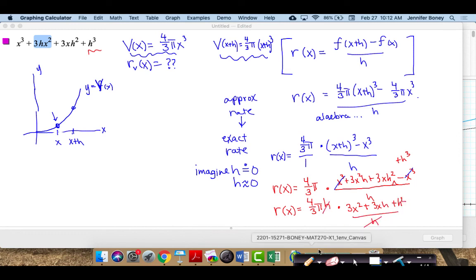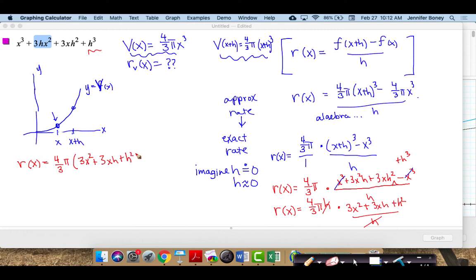and reduce out. So overall, just recopying this to where there's more space to write, my approximate rate function, without a fraction involved with h in the denominator, I've got 4/3 pi times 3x squared plus 3xh plus h squared.